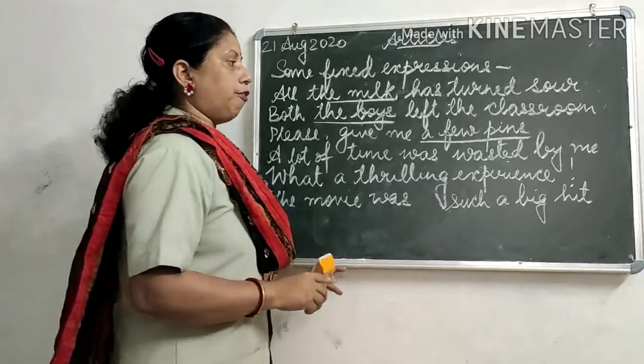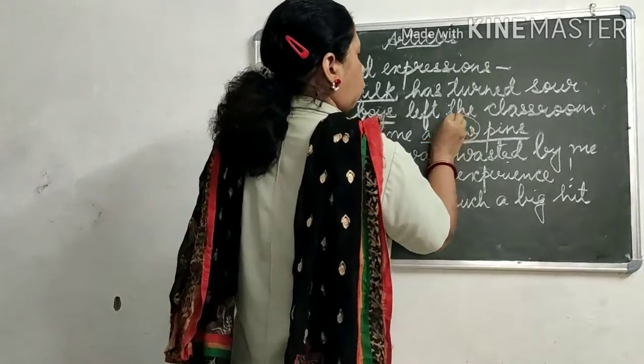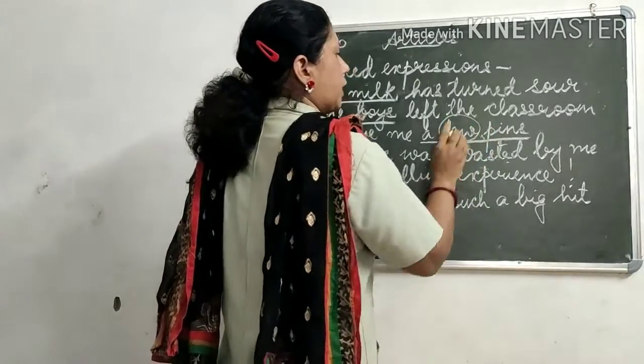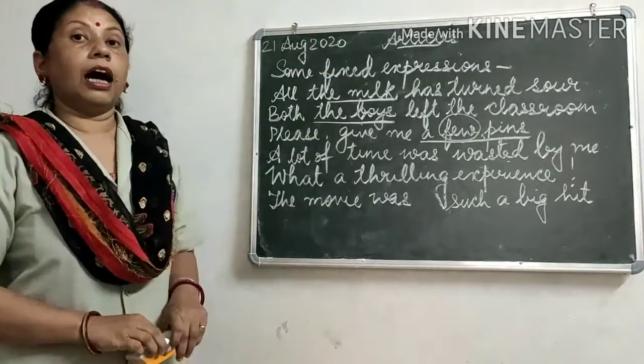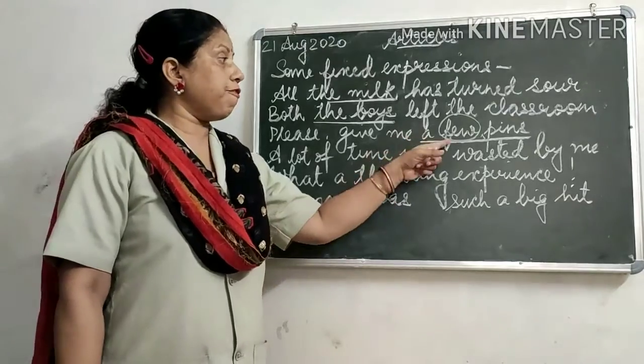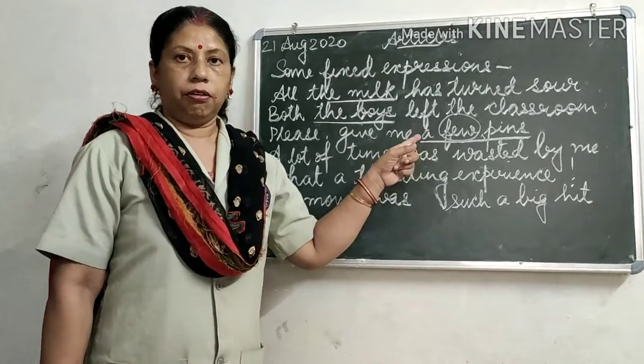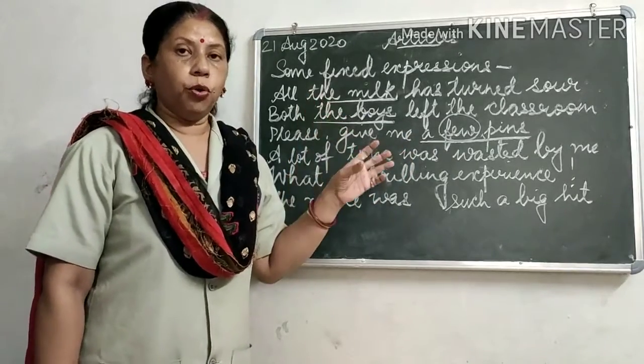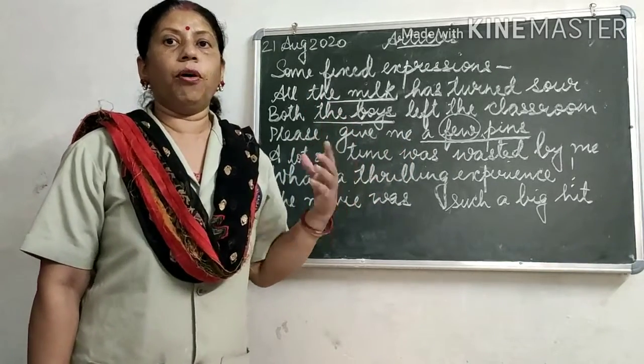Just make a note of it that few is your quantity word, and after few I did not use any article. Rather I have used the article before my quantity word. Right? So here before few I have used a few pins.